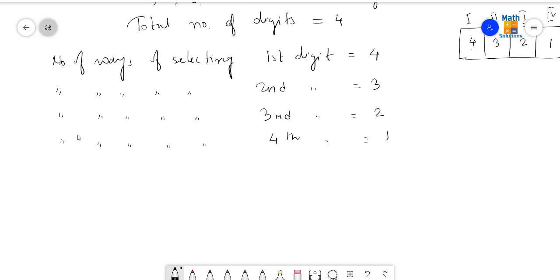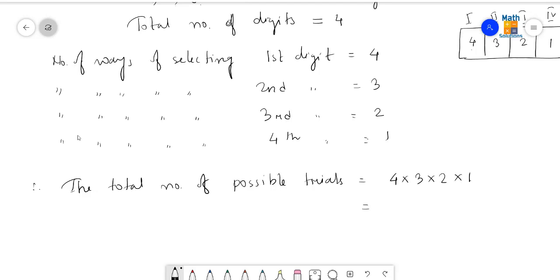Therefore the total number of possible trials is equal to 4 into 3 into 2 into 1. The result comes as 24, and this is the answer.